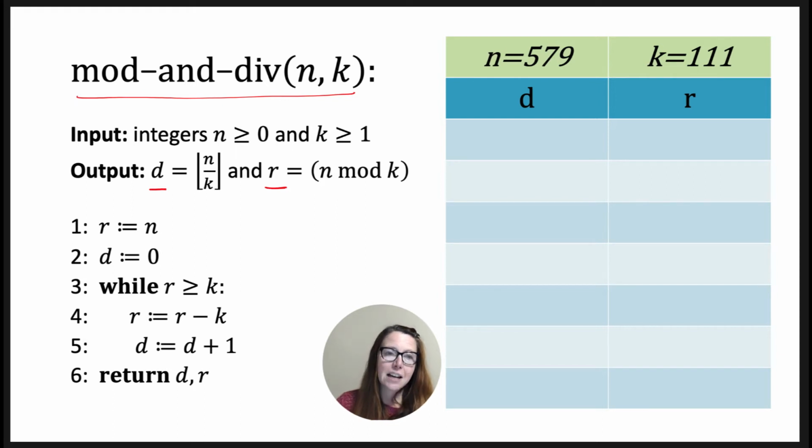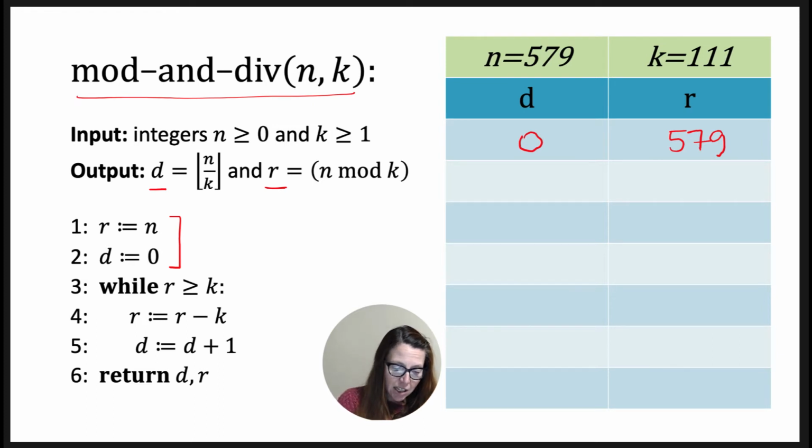And the way that it does that, so we're starting with the same n and k, 579 and 111, is it starts by setting r to n and d to 0. And so we'll go ahead and do that. r is going to be set to 579. d is going to be set to 0.